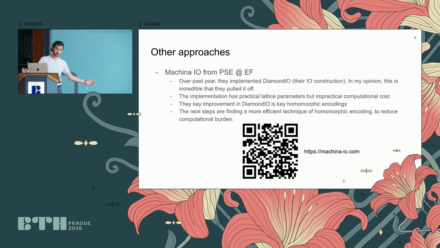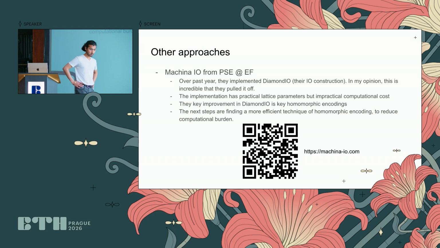Okay, now other approaches. The other approach is from Machina.io. It's a team from the Ethereum Foundation that is working on building obfuscation from secure approaches, so not a departure from existing cryptography the way we have done, but instead trying to use existing cryptographic primitives to build obfuscation.